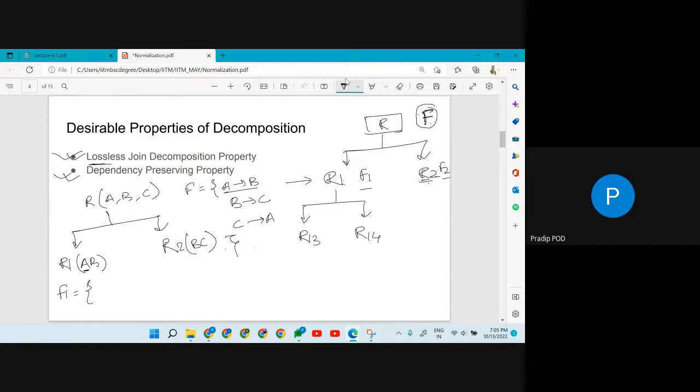This is the functional dependency associated with R1.